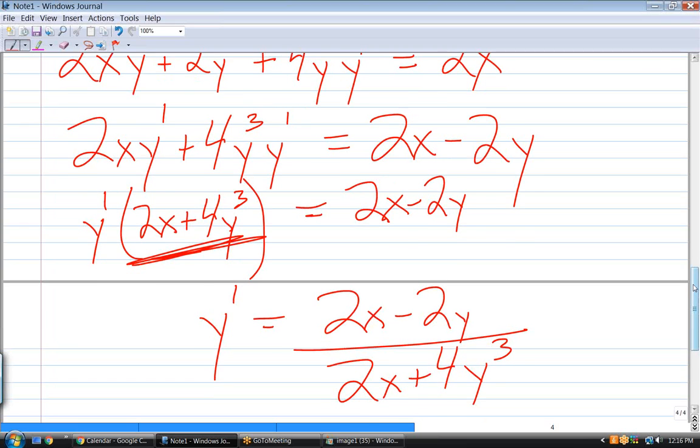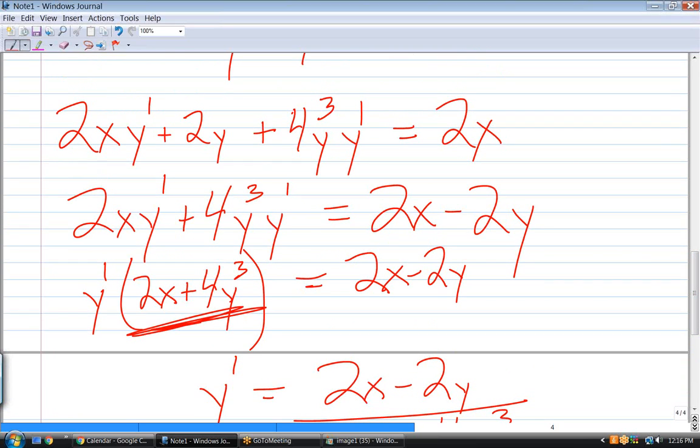But remember these two steps, because these are the two hardest steps that everybody has difficulty with. In other words, gather: you're trying to solve for y prime, so any term that has y prime in it, leave it on one side of the equation, and every term that doesn't have it in it, take to the other side. Then factor out the y prime, then divide by the coefficient, you have your answer.